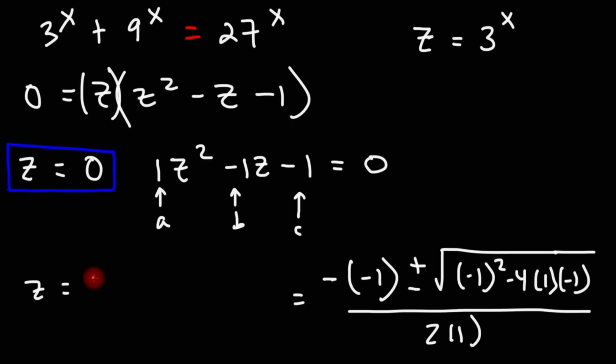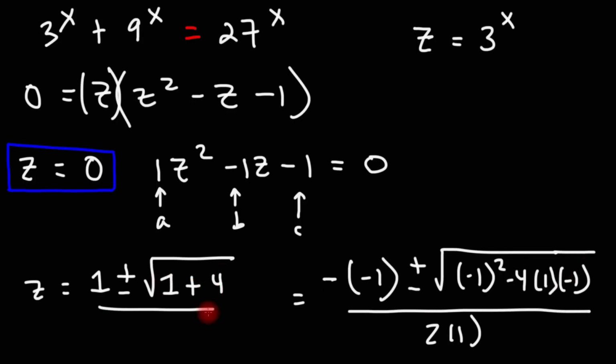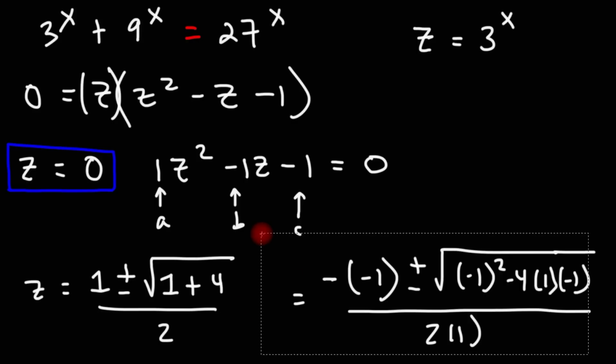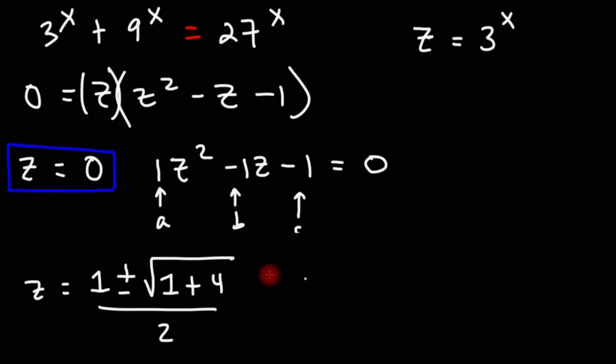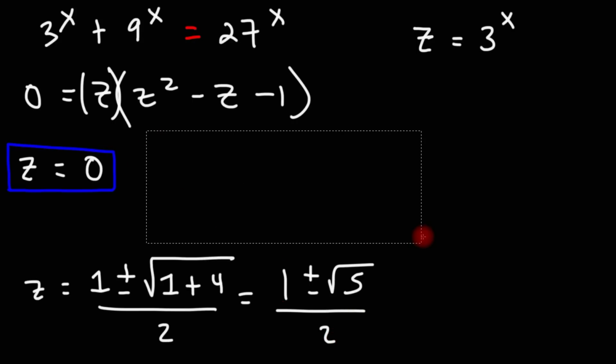Negative times negative 1 is positive 1. Negative 1 squared is positive 1 as well. And then negative 4 times 1 times negative 1, that's positive 4. 1 plus 4 is 5, and so we get that, which we can write as two separate answers.